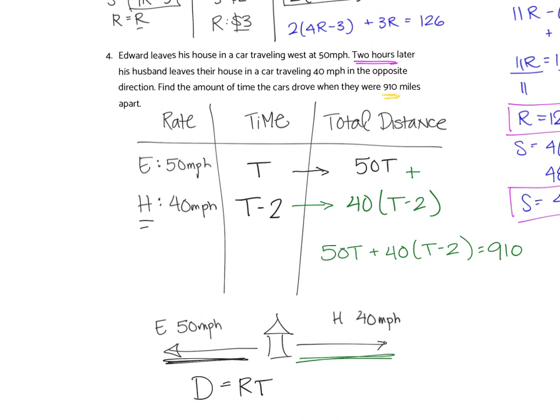So now I just need to solve and break out those equation solving skills again. I'm going to distribute the 40. So I have 50t plus 40t minus 80 equals 910.